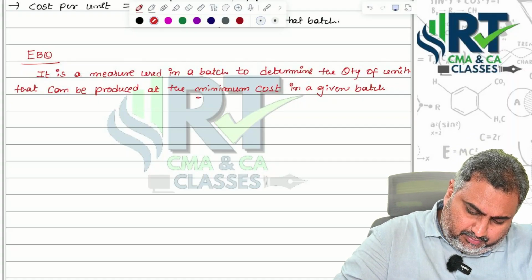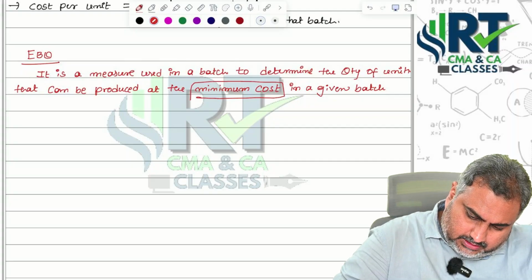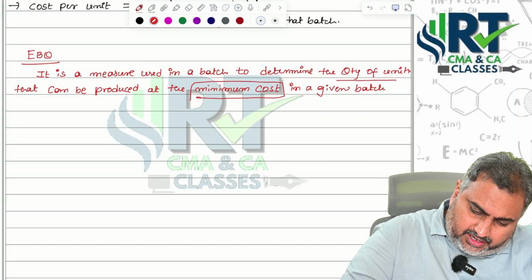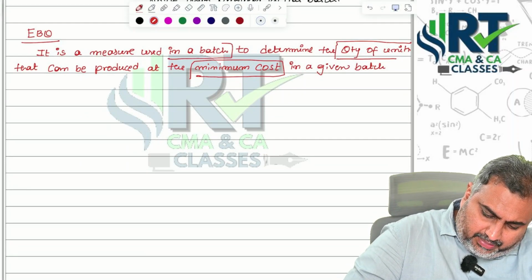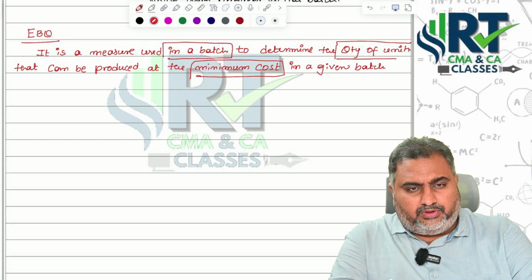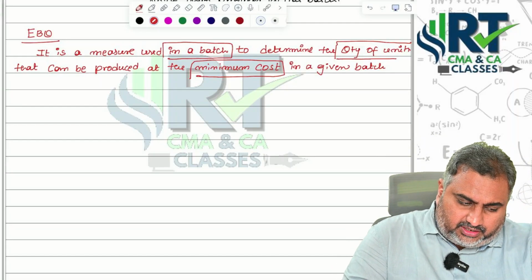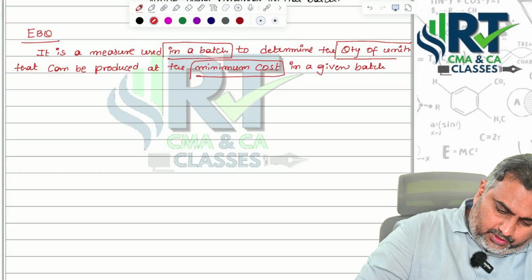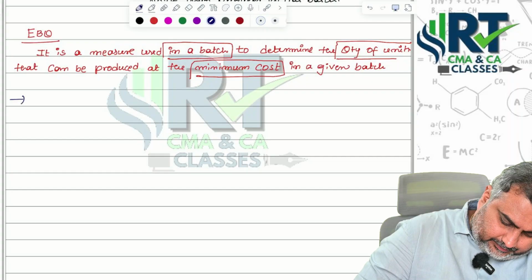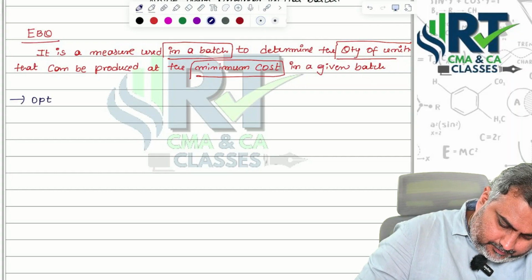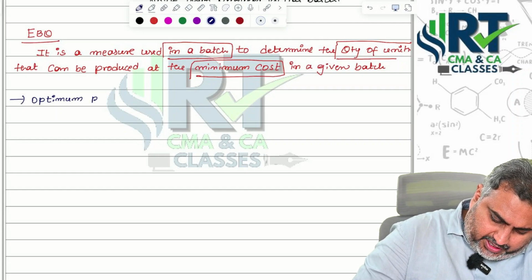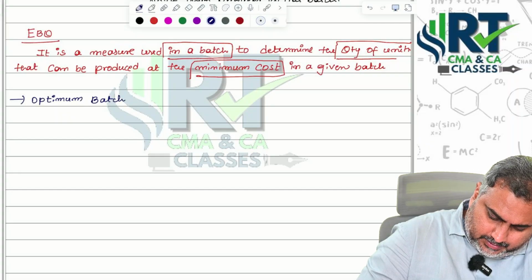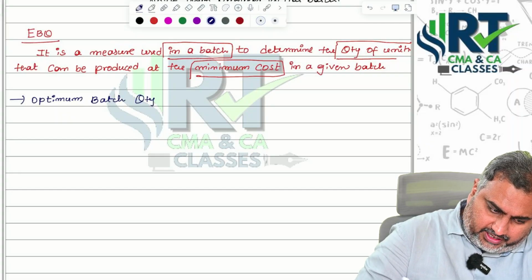That is the minimum cost quantity of units in a batch. We may call it as EBQ itself. You can also call it as optimum batch quantity.